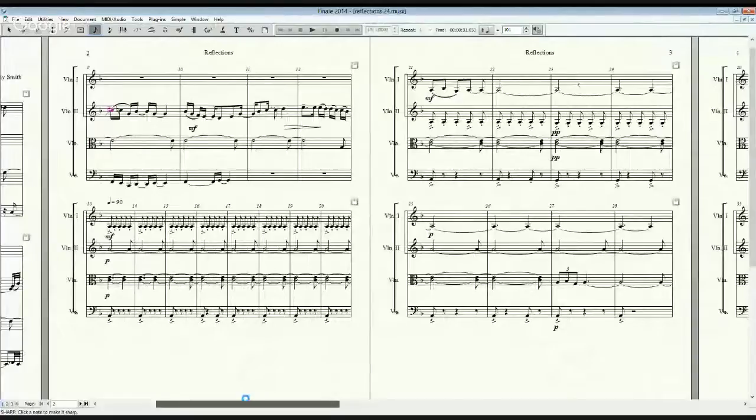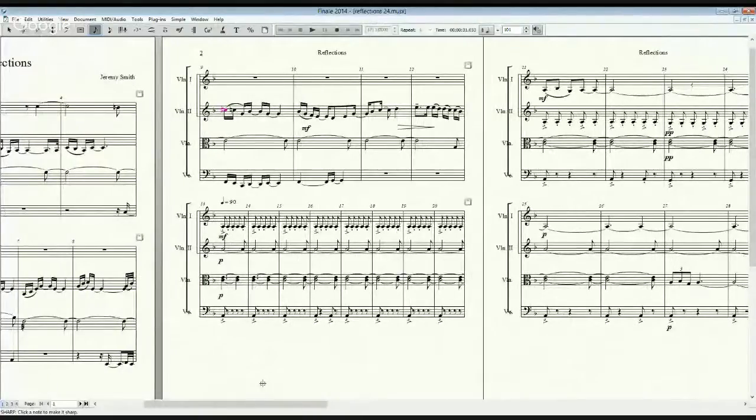What kind of feedback would I like on this music? What kind of feedback from composition form? Let me think about that for a sec. Yeah.